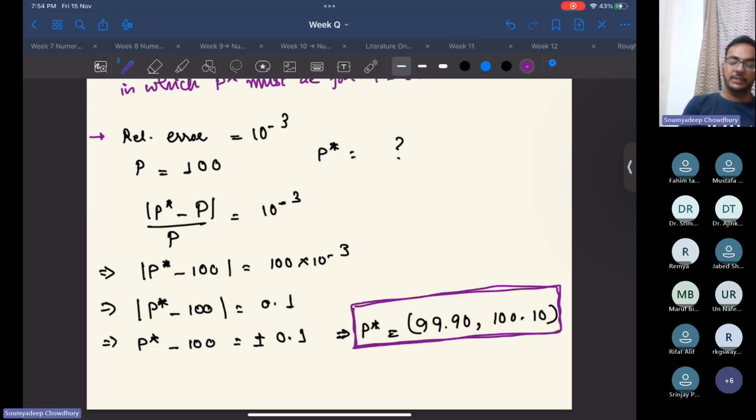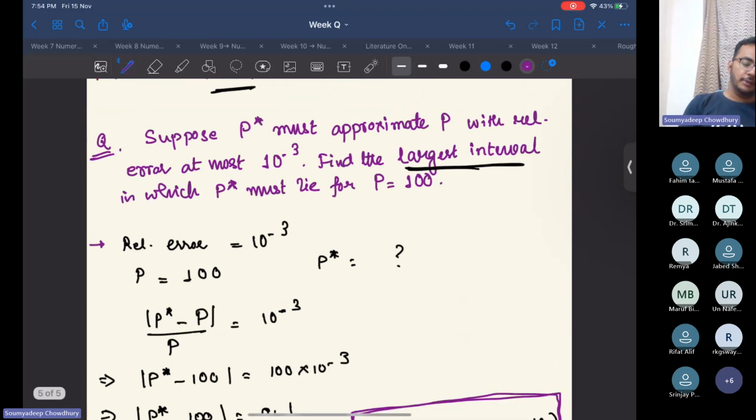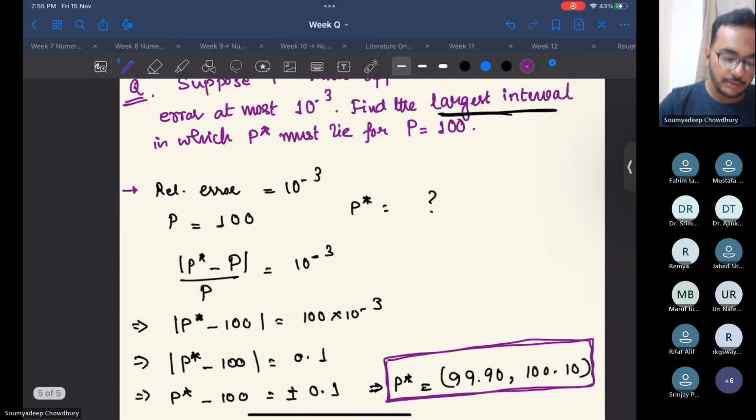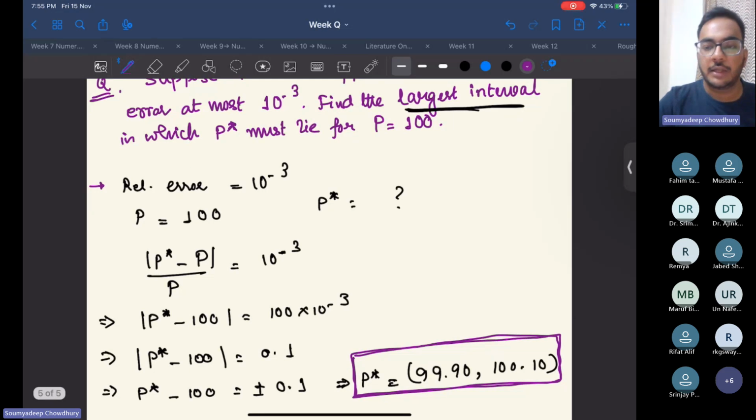So if the value of P star is in between these two numbers, 99.9 to 100.1, your relative error will be maximum 0.001, or it will be less than that. So that was the question, right? Clear? Any doubts, anyone? No, sir. Fine.